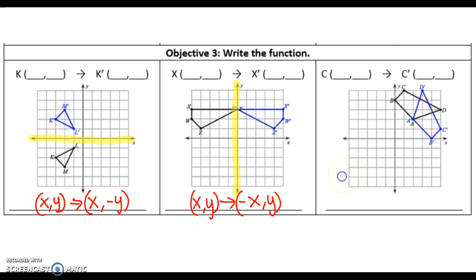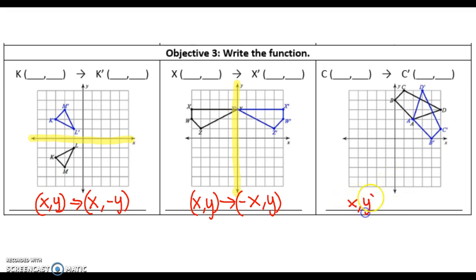And then lastly, this one can be kind of difficult to see. So the way that I do it is I ask myself, was this reflected across the x-axis? No. Was it reflected across the y-axis? No. Well, the only one left is y equals x, so it must be y equals x.